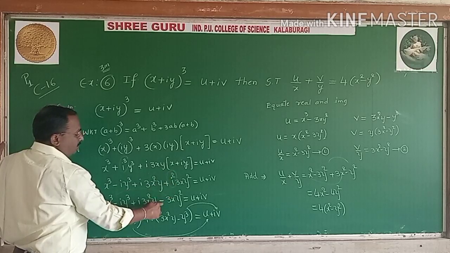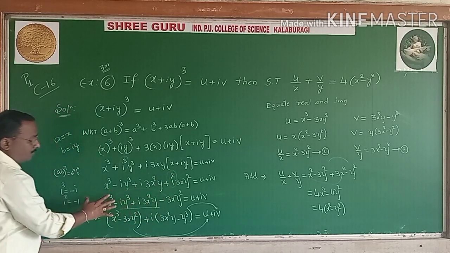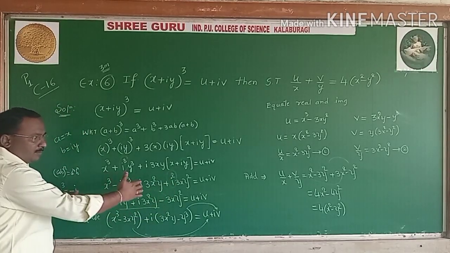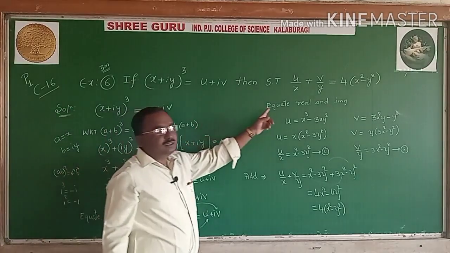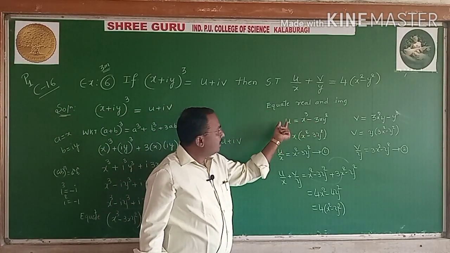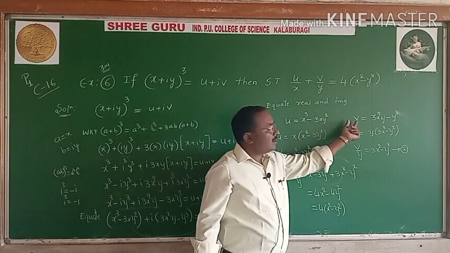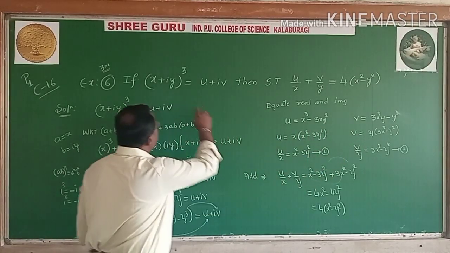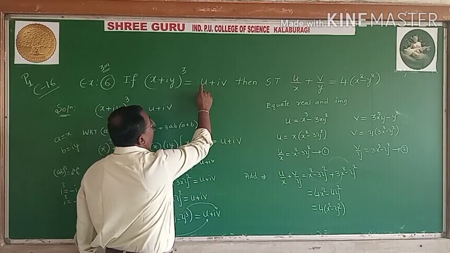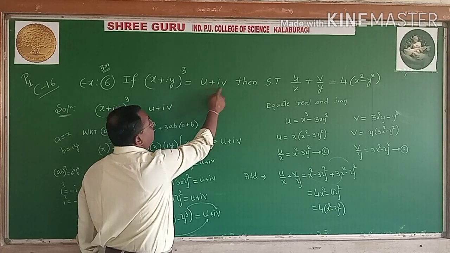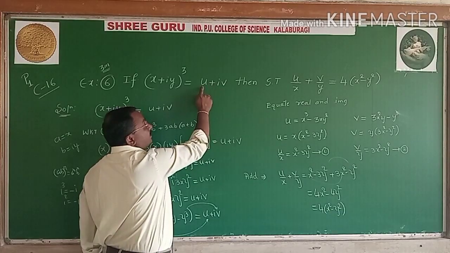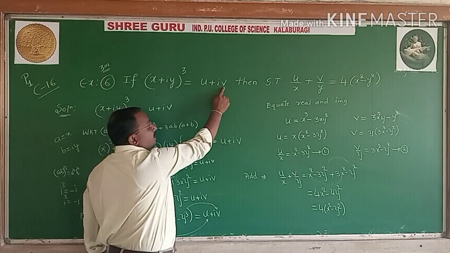The i^2 value is minus 1. Separate real and imaginary, equate real and imaginary parts. Here the real part is u and the imaginary part is v, because this is in a + ib form, u + iv. This is the real part, this is the imaginary part.